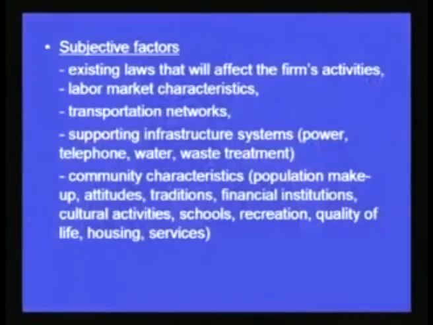Then the community characteristics also have to be taken into account. Community characteristics means the population makeup, whether it is a completely rural area or a completely urban area, or a mix, or a metropolitan or cosmopolitan city. So the population makeup would help us in selecting a point for placing a facility. Suppose we want to place a service facility, maybe an ATM, in a particular city; we will see what the population makeup is in that region.